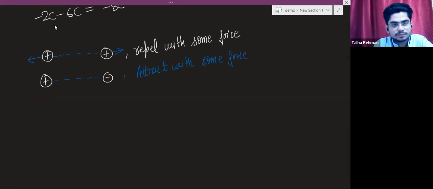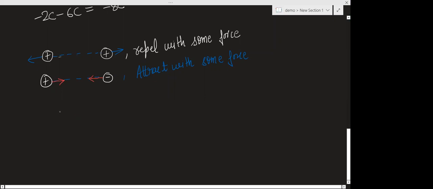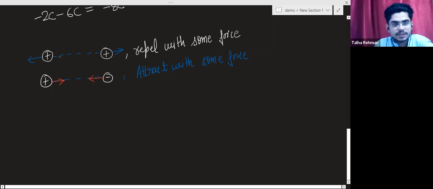Attract means this charge will try to attract that one and that one will try to attract this. Attracting means coming together, repel means going further. And the same is the case with negative charges: they will repel with some force.